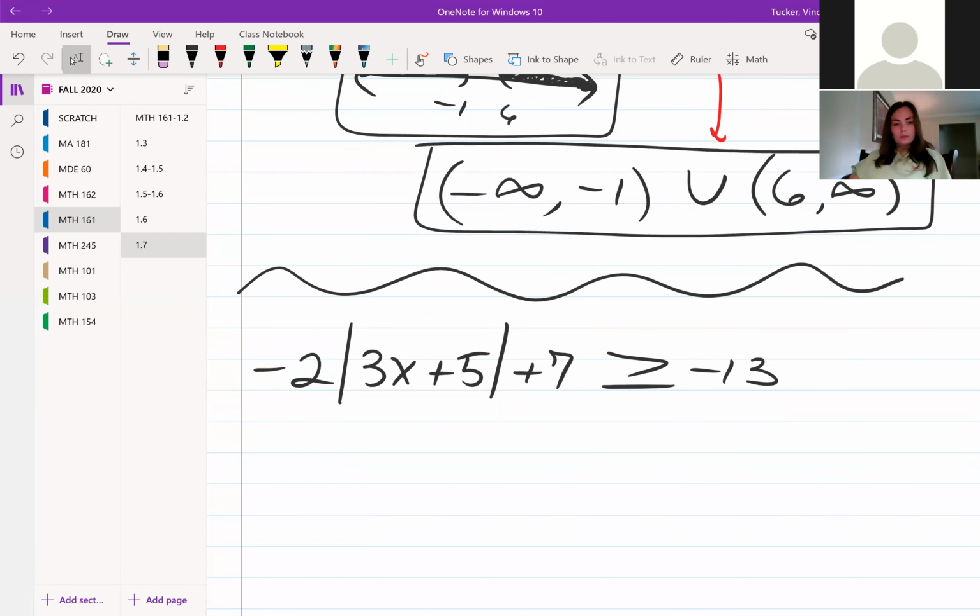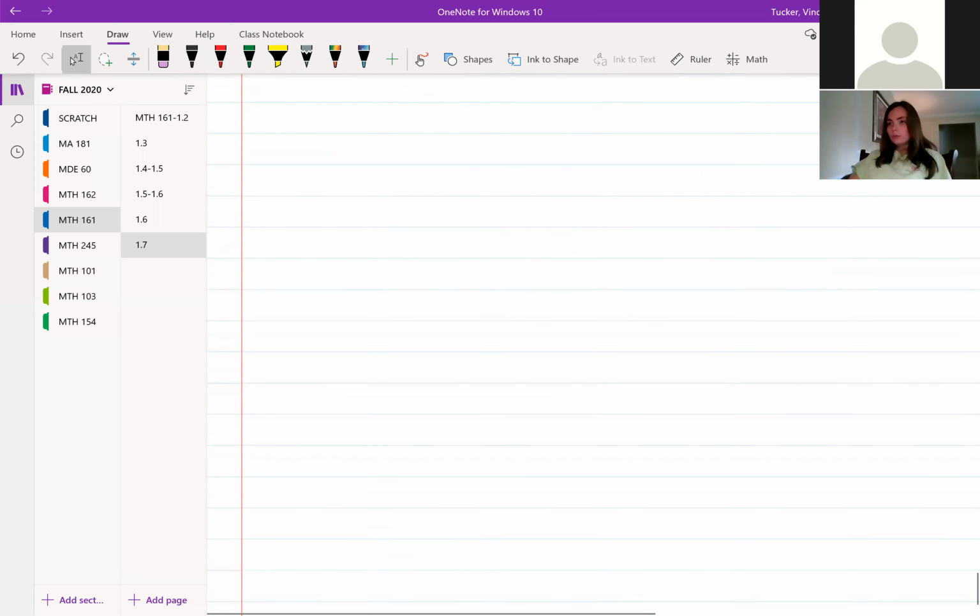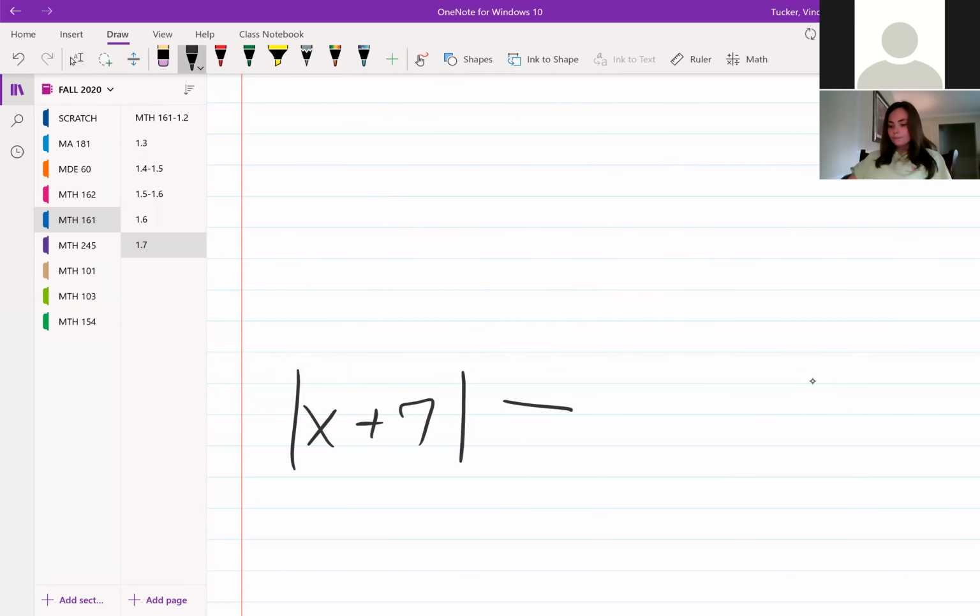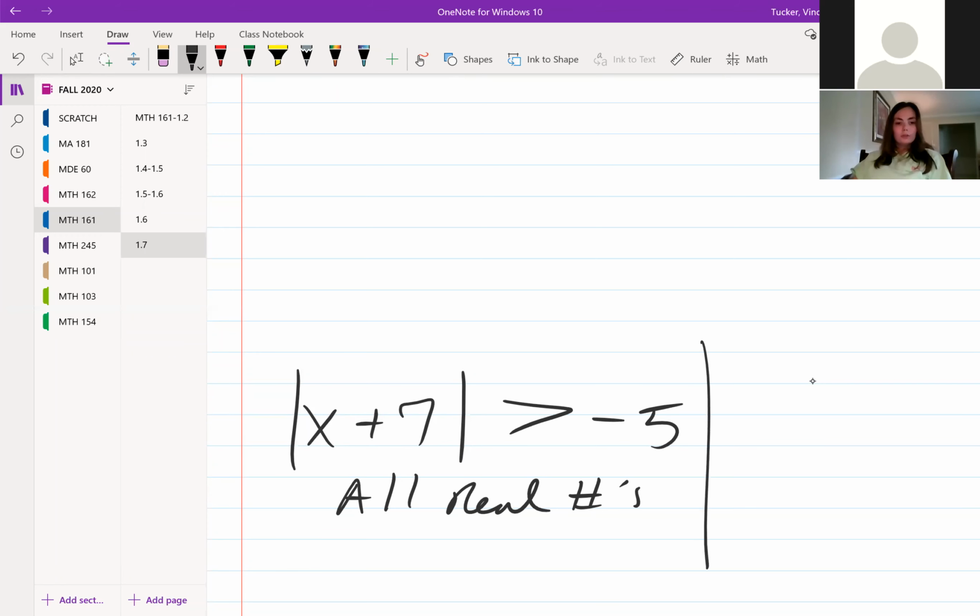But take note: let's say I had the absolute value of x plus 7 is greater than negative 5. This right here should be all real numbers, because your absolute value will always be greater than a negative. We talked about that a little bit when we had the absolute value equations.